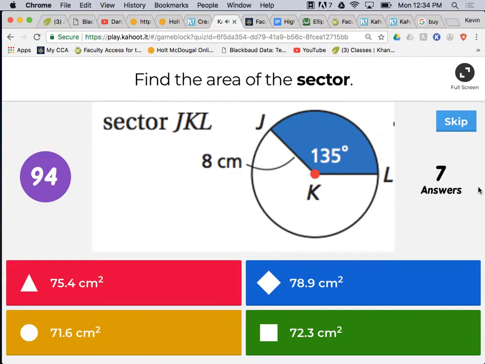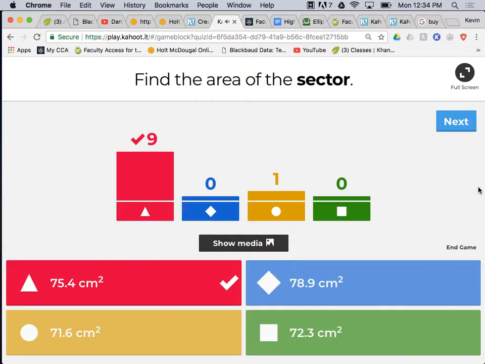Look, pi times 8 squared times theta, which is 135 over 360, equals 75.4. Good job. All right.